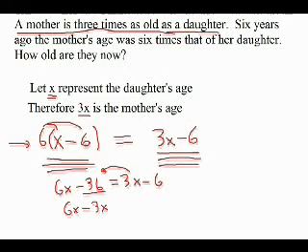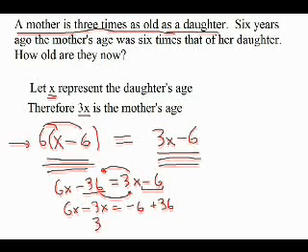If we bring this minus 36 over to the right side, it becomes positive 36. Now what we have to be careful of is this minus 6 is still minus 6. We brought the minus 36 over to the other side, so it becomes plus 36. Now we have a little bit of simplifying we can do. 6x minus 3x is 3x. Negative 6 plus 36 is 30.